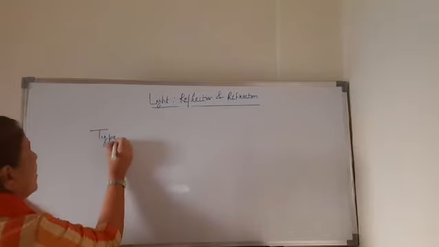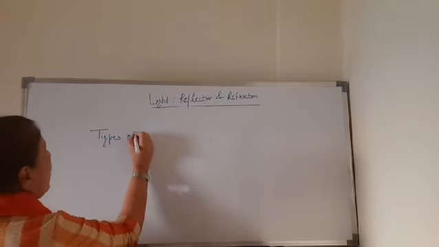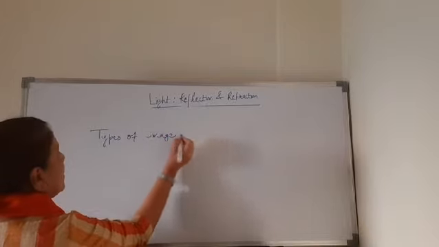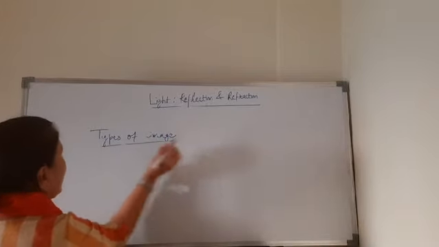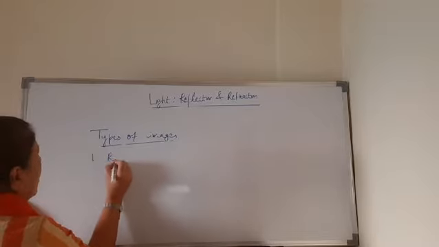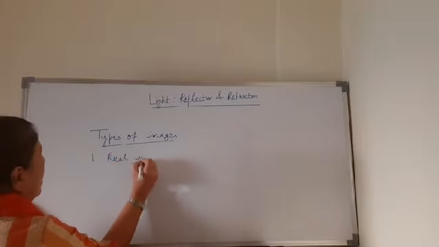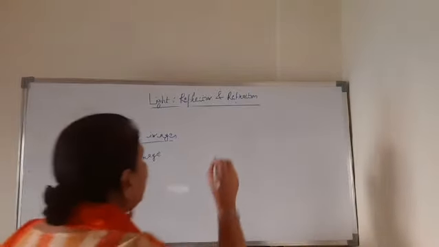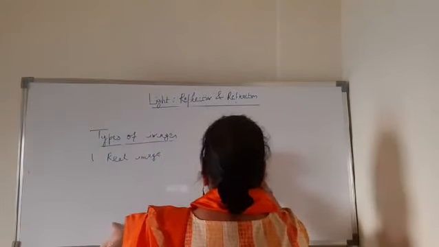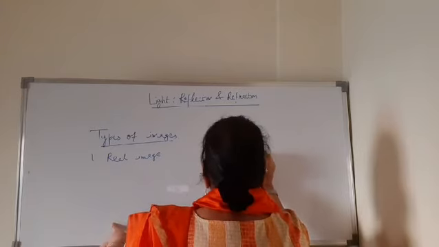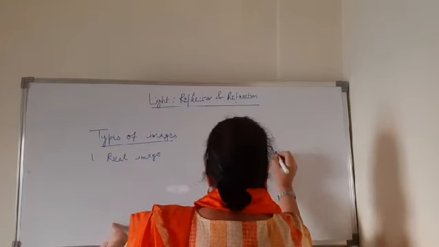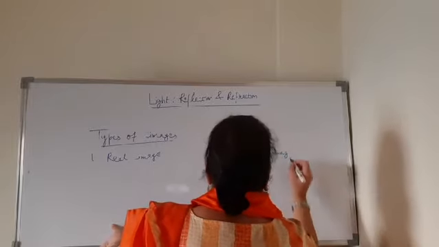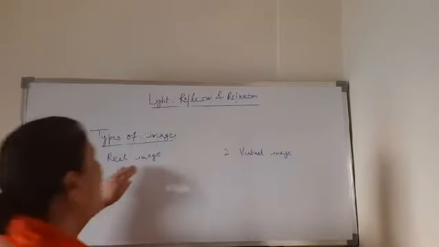So we have types of images. One is called real image and the second type of images are called virtual image. What is meant by real images?